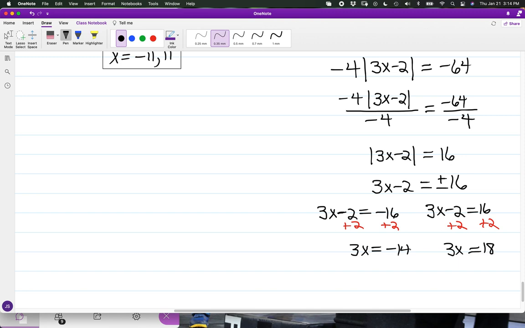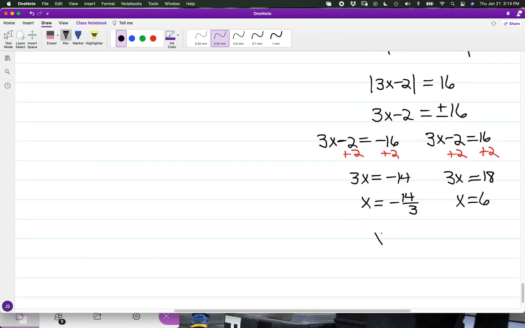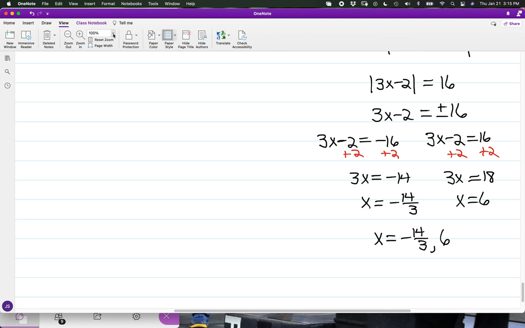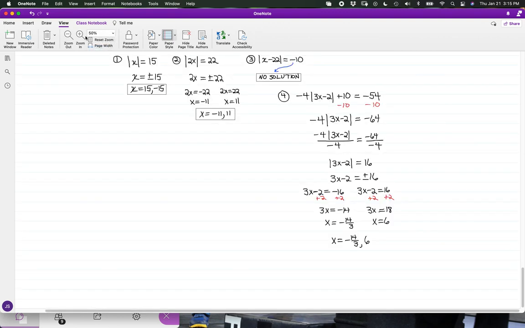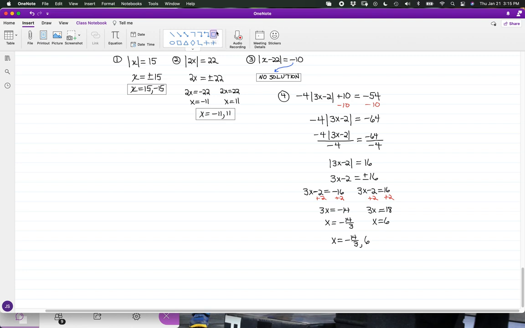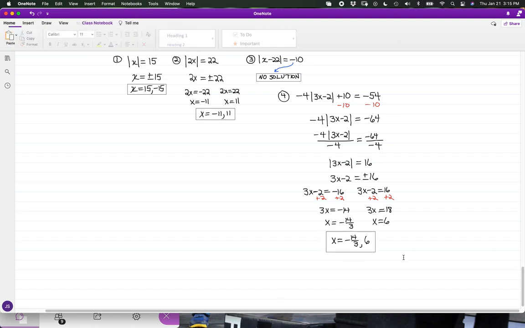At the lower end, with division by 3, we have x equal to negative 14 thirds, and with the same follow-through at the upper end, x is equal to 6. So for the solution sets, we have a negative and a positive value, respectively, minus 14 thirds and positive 6.